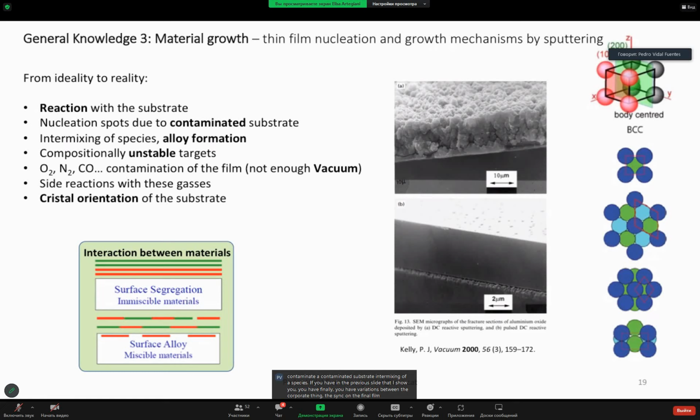You could have unstable targets if you have alloy targets, not enough vacuum, so you have oxygen incorporation and oxidation due to this present oxygen, and also strong effects of the crystal orientation of the substrate if it's not amorphous. Depending on the cut, the ending plane of your substrate, you will have a preferential orientation in the final film that you are trying to deposit.